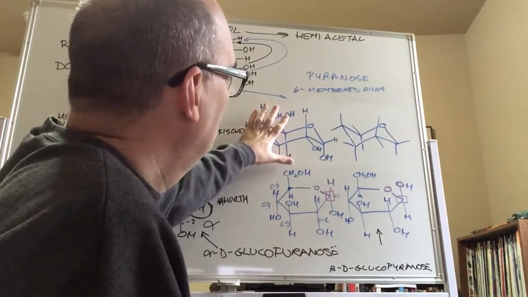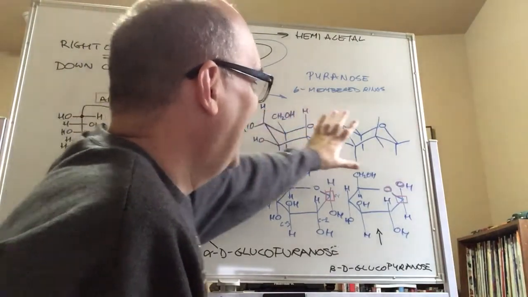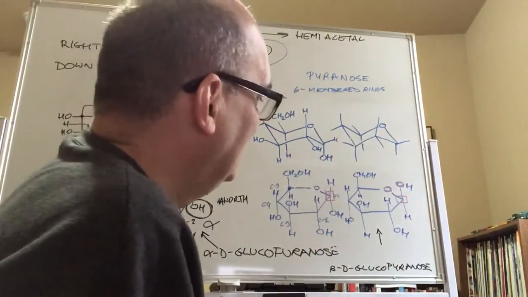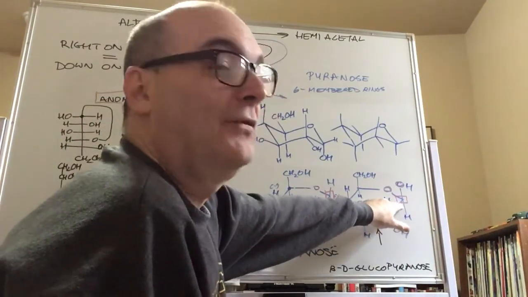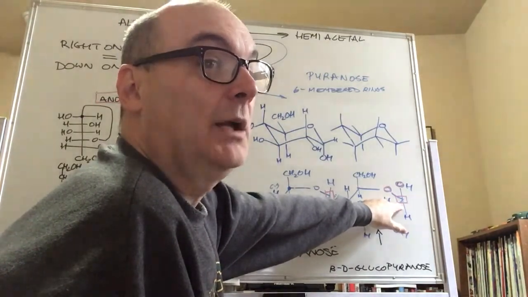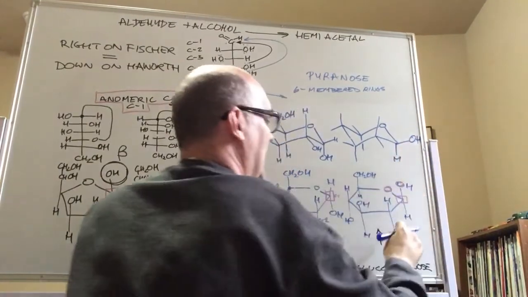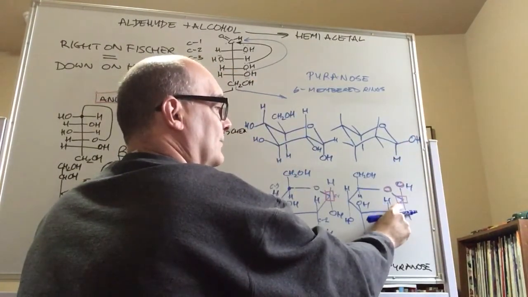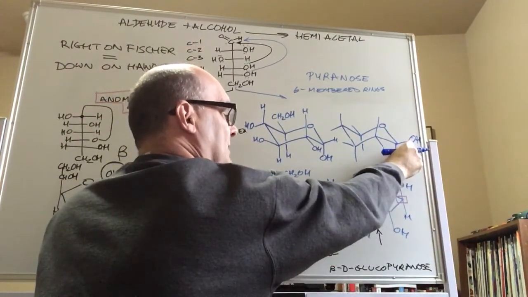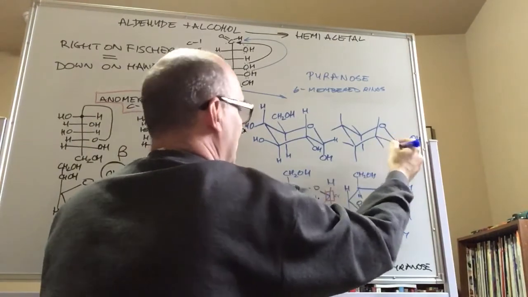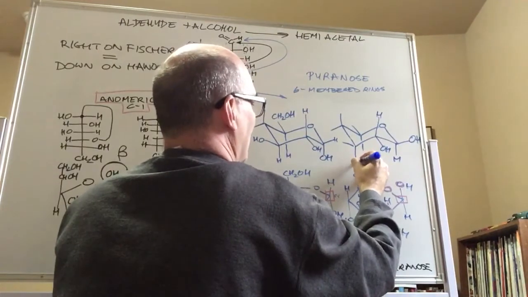What I've drawn for this molecule, the alpha D glucopyranose, is going to be exactly the same as the beta D glucopyranose, except for the configuration at the anomeric carbon. At the anomeric carbon here, the alcohol is pointing up, and up in this sketch is an equatorial position. Everything else is going to be the same.